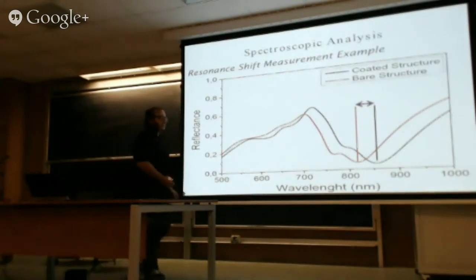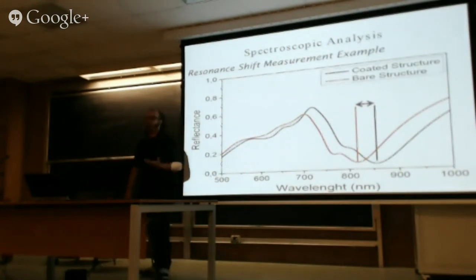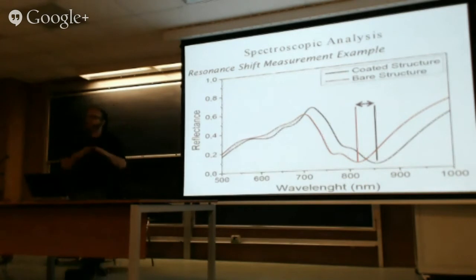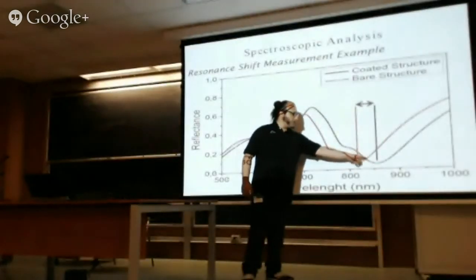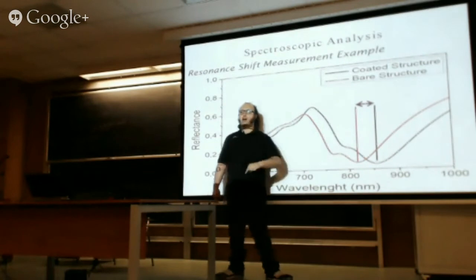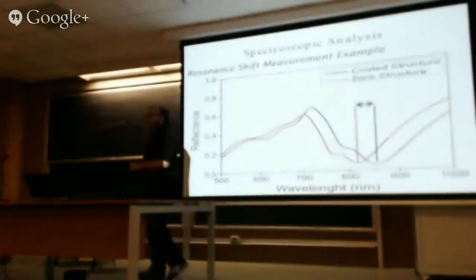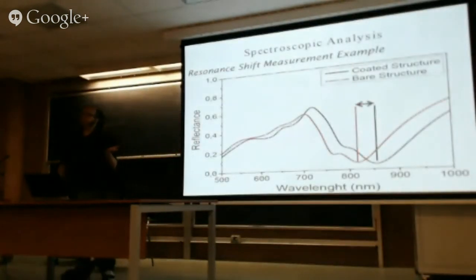It's quite important because if you change the refractive index in the environment on the top of the pillar, you can shift the resonance. So the position in which you find the minimum in reflectance is moved.